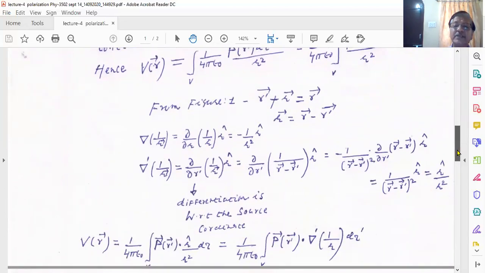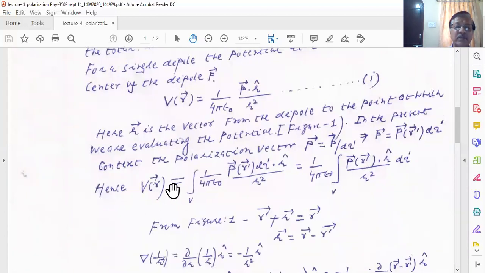And now you see this expression. The potential because of the field of the polarized object is 1 upon 4 pi epsilon 0, the polarization vector at r prime, dot unit vector r upon r squared.